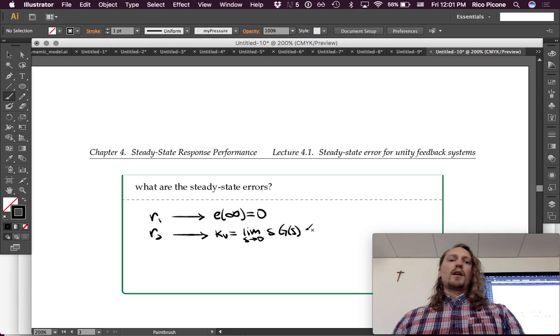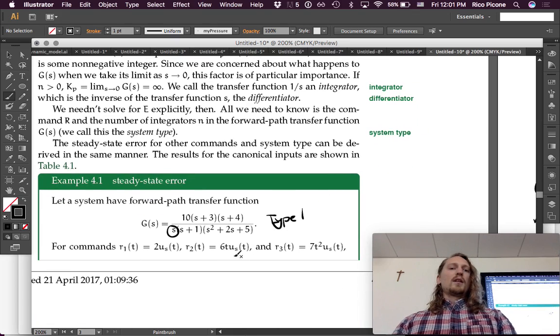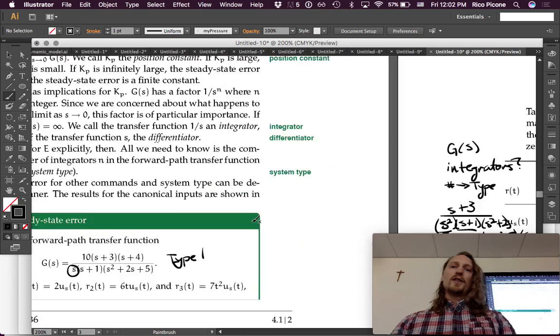If I look at this g, if you plug in s equals 0, the s's cancel, the integrator cancels with the s times g of s. Then you plug in s equals 0 everywhere. So we get 10 times 3 times 4 divided by 1 times 5. So it's 2 times 3 times 4 in the numerator, so it's 24.